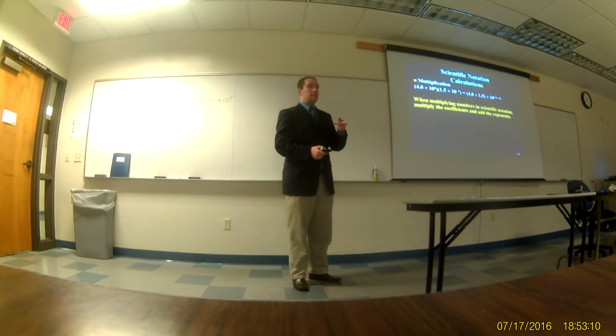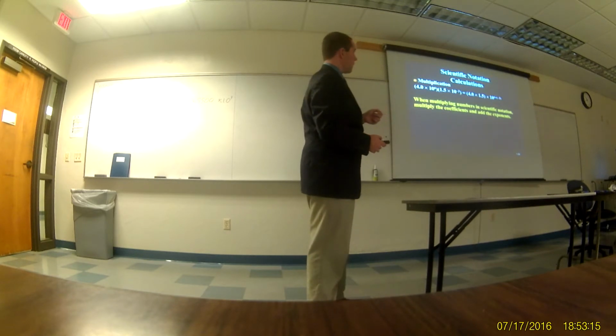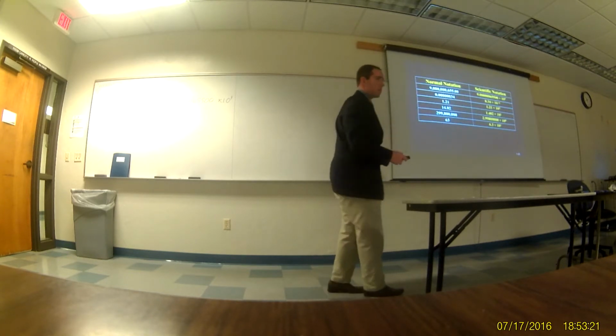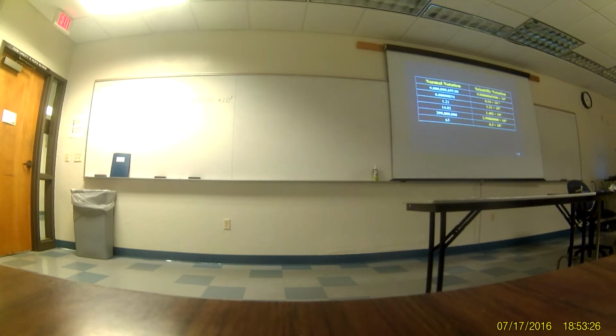Go ahead, question? I was going to ask about these numbers. Can we use a calculator? Because when I do it on the calculator, it gives me an exponent of -12. Am I doing it wrong?